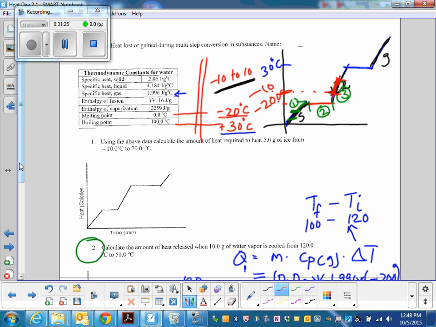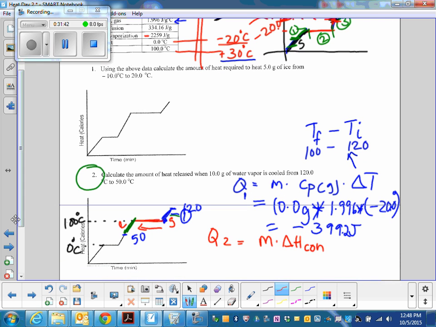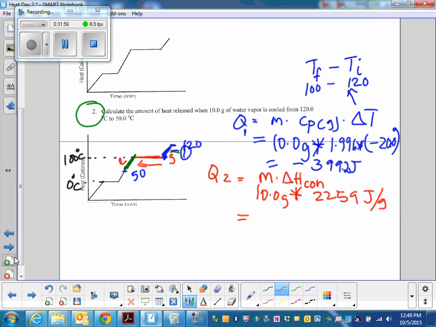Do I know that my heat of condensation is the same as my heat of evaporation, but with a negative sign? Numerically, they are the same, but the signs are opposite. So, therefore, it is mass is 10 grams times 2259. This is joules over grams. So the units will cancel, grams will cancel. And what is my answer for the second one? What do you get? Anybody?